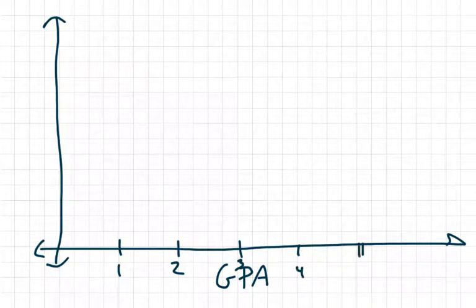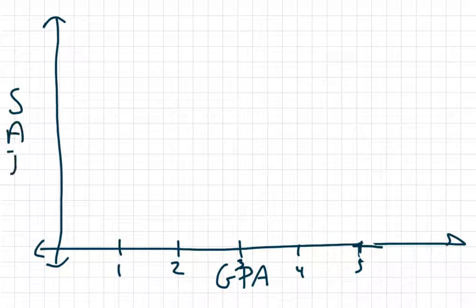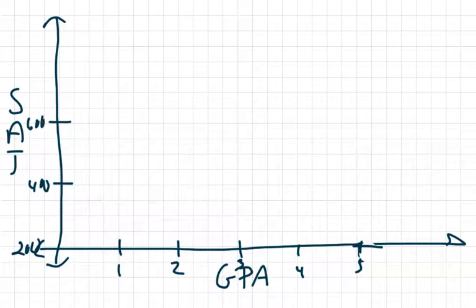At the school that I work at, I don't think anybody has a 5, because you would have to take all classes that went that high, but honors classes and AP classes are weighted, so you can go above the 4. And then over here we have the SAT score, and that's going to range from 200, 400, 600, and 800.